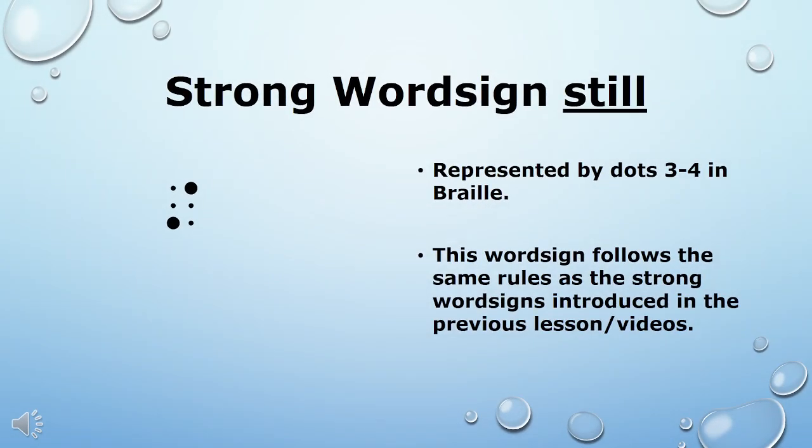Now, as I said earlier, we have this word sign for the contraction for ST. In the previous videos, I mentioned the rules in making use of the word signs, and mainly it's the standing alone rule.